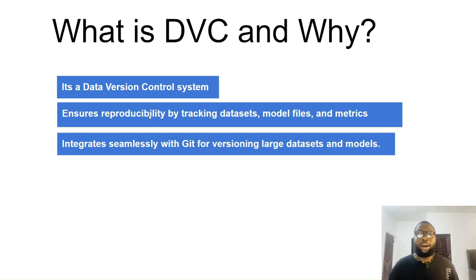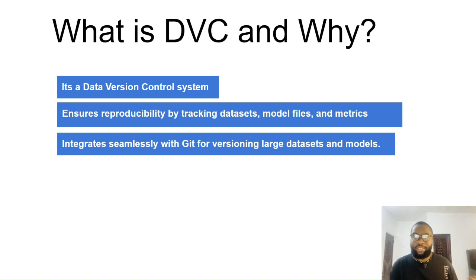Okay, so this also integrates with Git, especially when you're working with large data sets and large models, right? So this actually helps us to integrate with Git seamlessly. It's kind of the Git version of data.